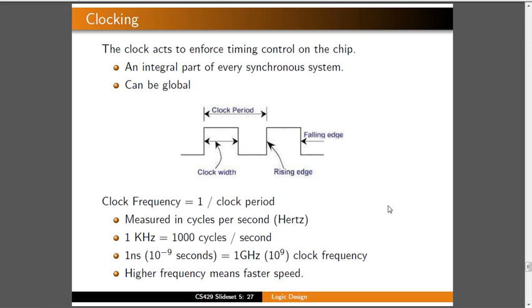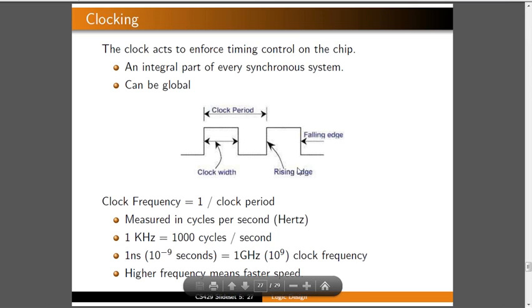This is your clock period, clock width, falling edge, rising edge, clock width. Next, clock frequency equals 1 divided by clock period. This is the formula for how we calculate the frequency.